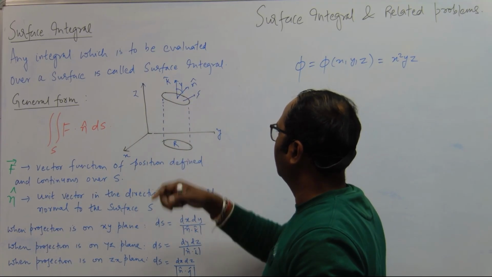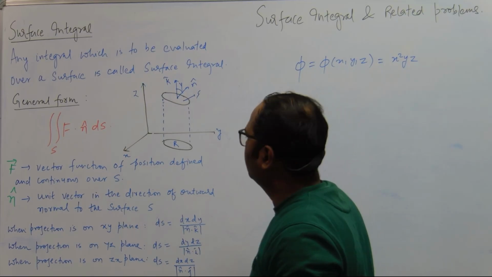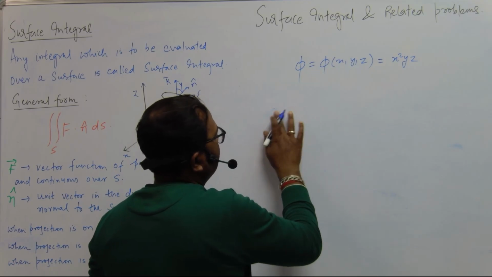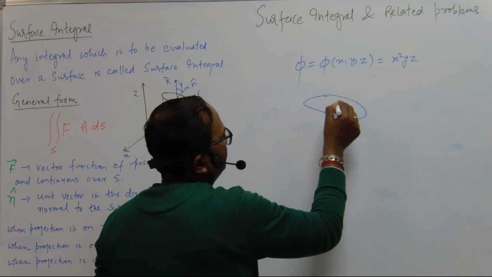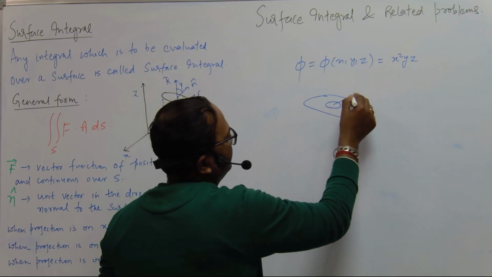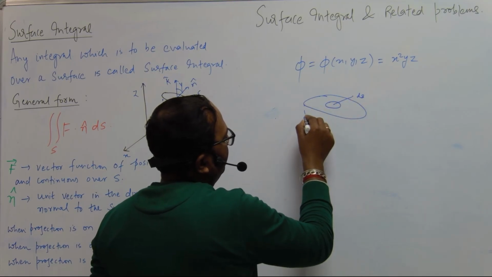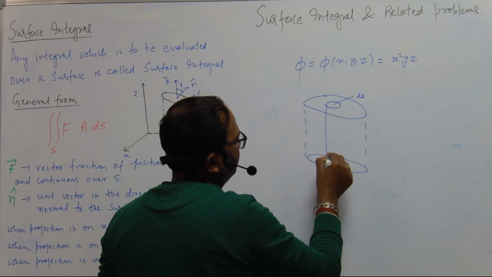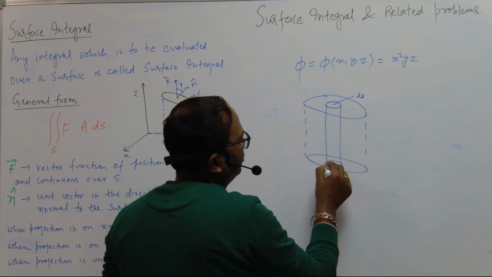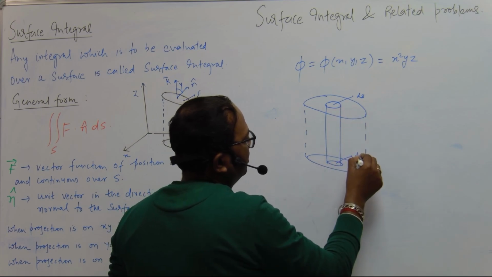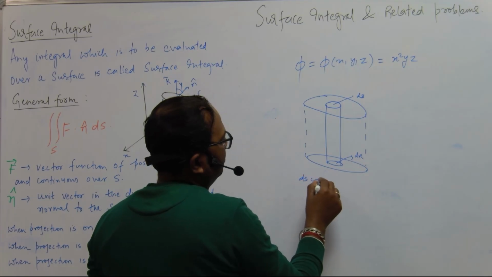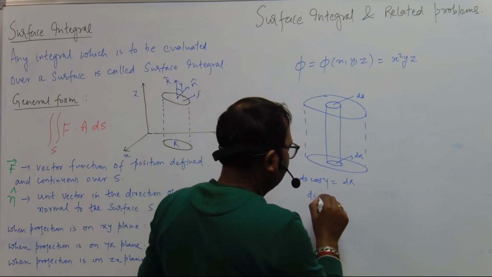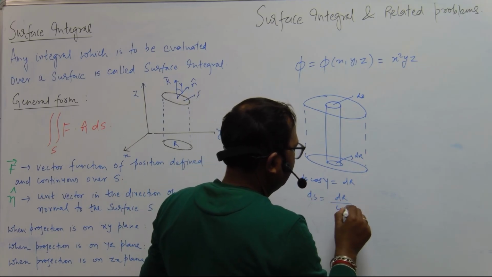The angle between both will be gamma. Let us take an elemental surface ds. This is our projection. The projection of this ds will be dr, so ds cos gamma will be dr. So ds will be dr upon cos gamma.